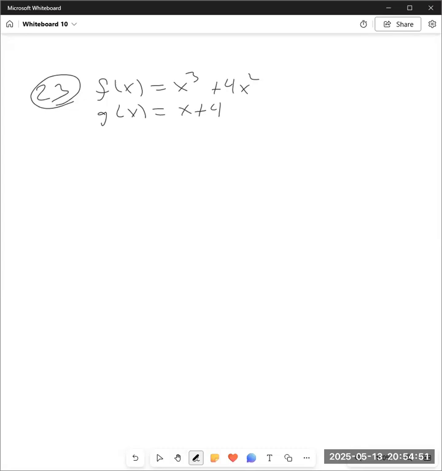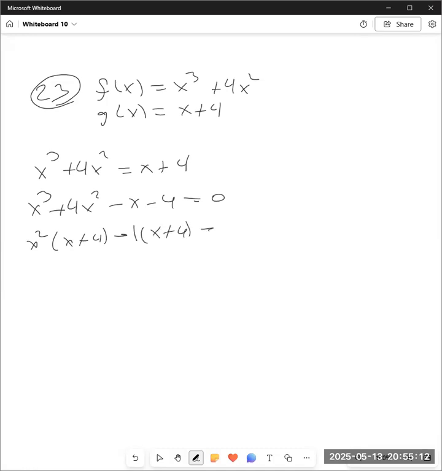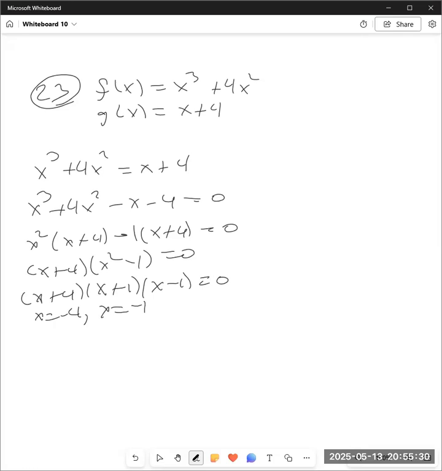So we have x cubed plus 4x squared equals x plus 4. x cubed plus 4x squared minus x minus 4 equals 0. x squared times x plus 4 minus 1 times x plus 4 equals 0. x plus 4 times x squared minus 1 equals 0. x plus 4 times x plus 1 times x minus 1 equals 0. x equals negative 4, x equals negative 1, x equals 1.